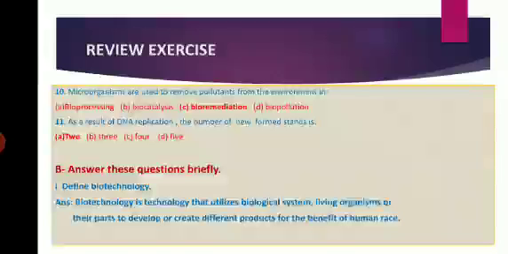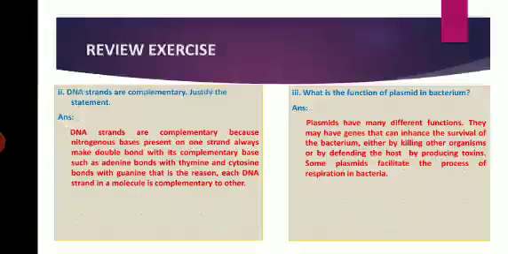For example, microorganisms are used in making bread, yogurt, cheese, vinegar and several medicines. Similarly, processes like fermentation, tissue culture and genetic engineering are used for making many industrial products.